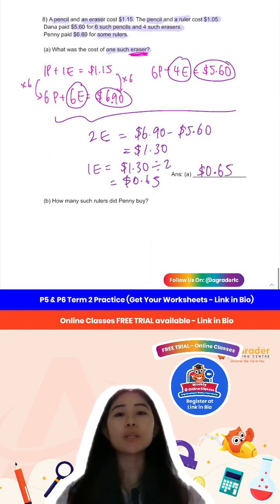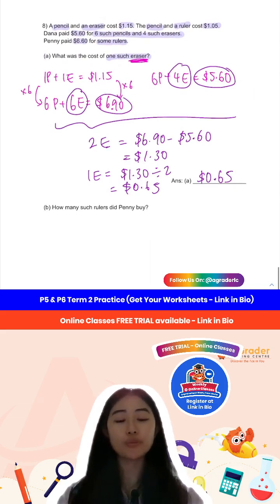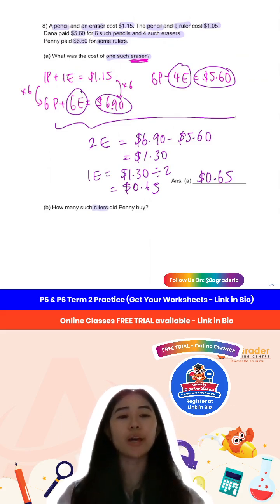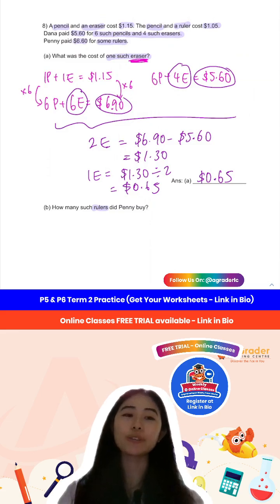Okay, so from here you can actually see part B, right? The question for part B is how many rulers did Penny buy? Those of you who didn't do the worksheet beforehand, you can attempt it now. I will give you some time to try.